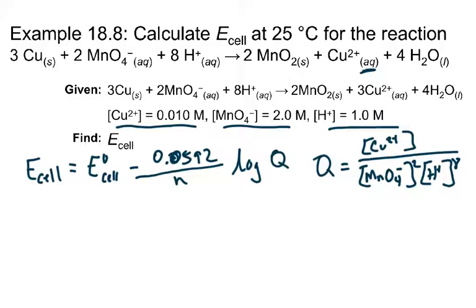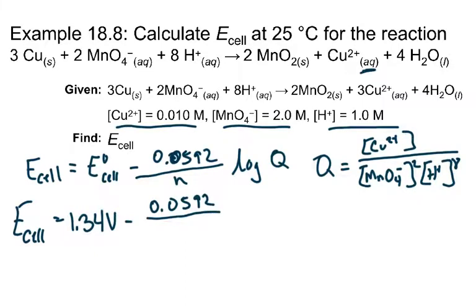So we need to find our standard cell potential. We can look up our values in the table. We've gone over how to do that several times. So our cell potential under standard conditions is going to be 1.34 volts. And again, that's just from the numbers in table 18.1, minus 0.0592 divided by n, which is our number of electrons.